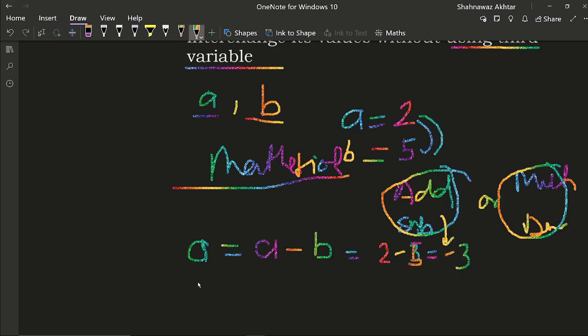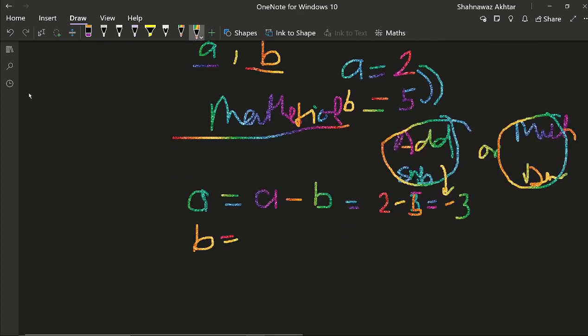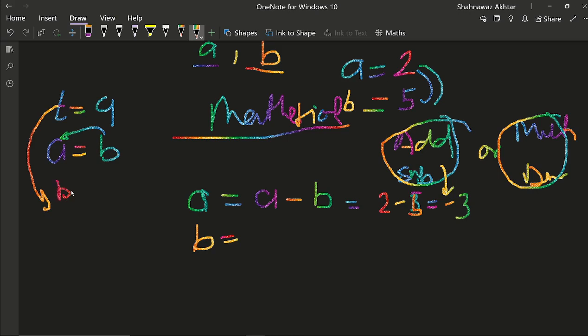And if I had to use three variables, it was simple: I assign the A value to a third variable, then assign the B value to A, and then assign the third variable's value to B. Simple. Now we have only two variables and we have to use those only.